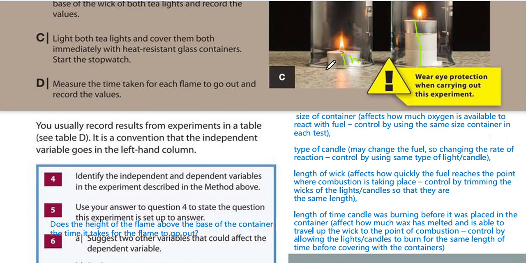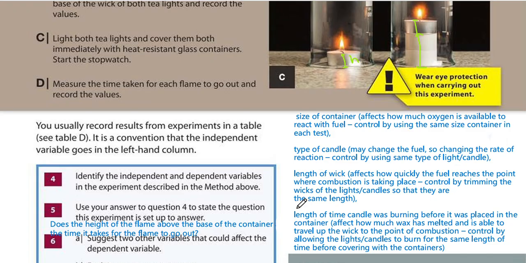So how can you control this? You can control it by trimming the wicks of the candles so that they are the same length. If in one the wick is a bit longer than the other, you can trim them to the same length. In that way, you can control the length of wick.